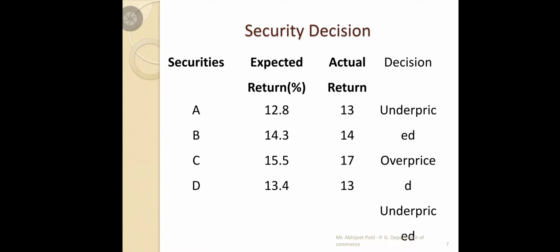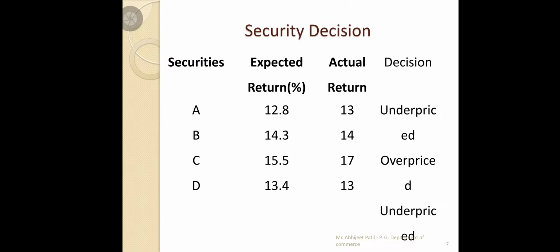When the expected return is less than the actual return, it is underpriced. Next, expected return is 14.3 and actual return is 14, so it becomes overpriced. Then the third one, expected return 15.7 and actual it is 7, so it is underpriced.